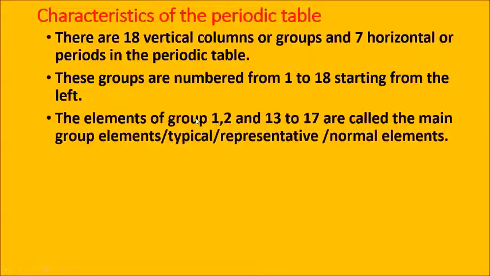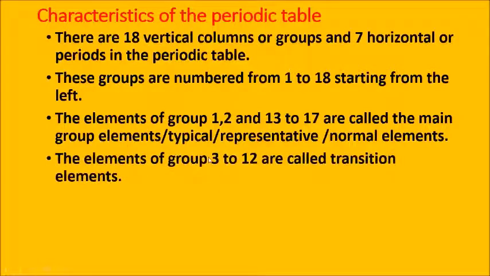Groups 1 and 2 elements are said to be s block elements. Groups 1, 2 and 13 to 17 elements are said to be the main group elements, typical elements, representative elements or normal elements. All these names are given to these group elements.